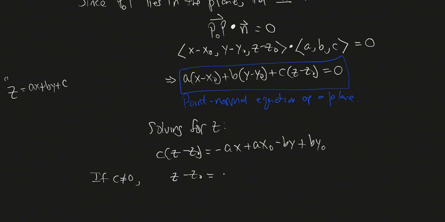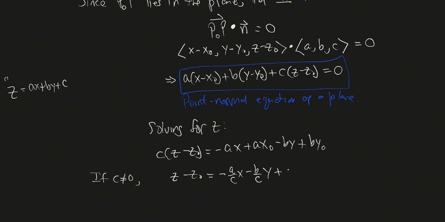And what I'm going to do is say negative a over c x, minus b over c y, and then all of these. Now these are just constants, right? Because the x0 and the y0 are a fixed point, but my regular x, regular y are true variables. These are my coordinate variables.